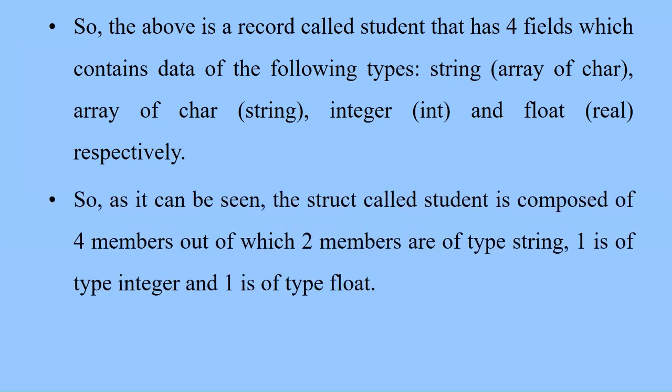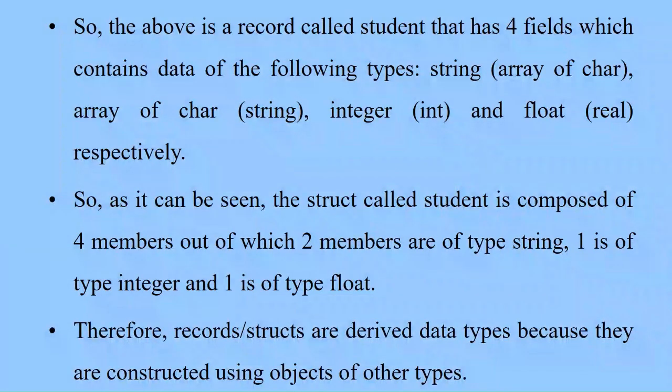So as it can be seen, the struct called student is composed of 4 members, out of which 2 members are of type string, one is of type integer and one is of type float. Therefore, records or structs are derived data types because they are constructed using objects of other types.